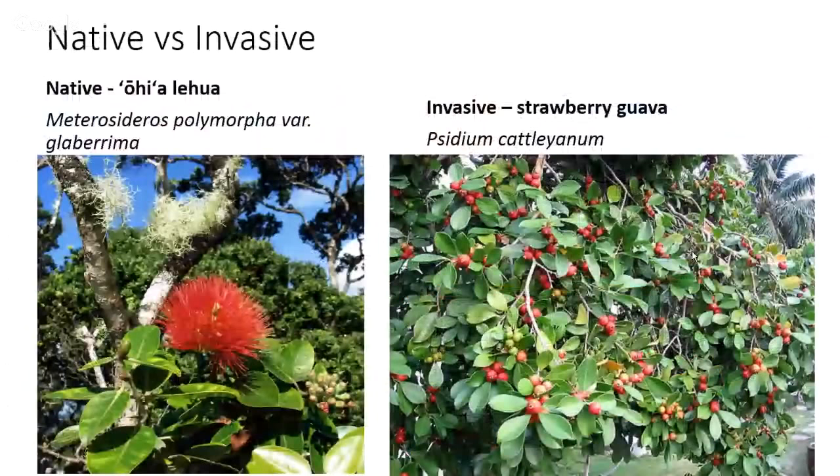Now, climate change is expected to alter biodiversity, which will in turn affect species interactions. So we want to look at how native and invasive species respond to these changing environments. Our first one is our native, the ohia.